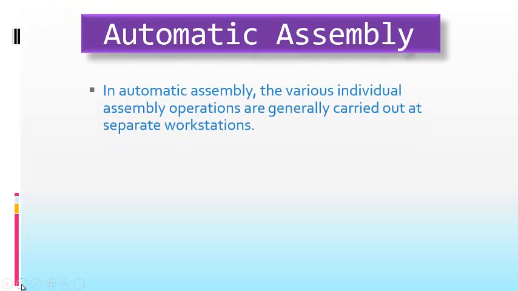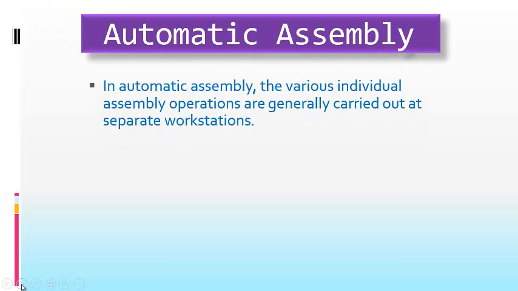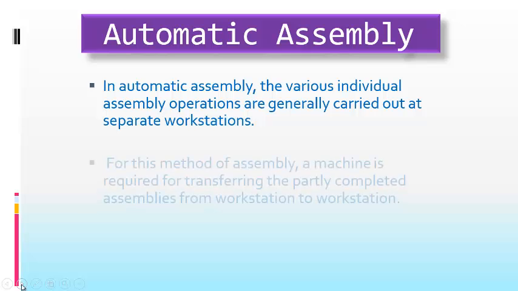Automatic assembly. In automatic assembly, the various individual assembly operations are generally carried out at separate workstations. Actually, each part of the product is assembled in a separate station. That means the machine will have as many stations as the number of parts on the product.